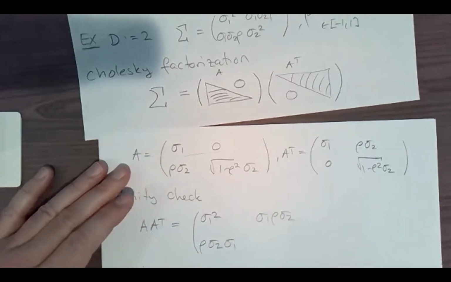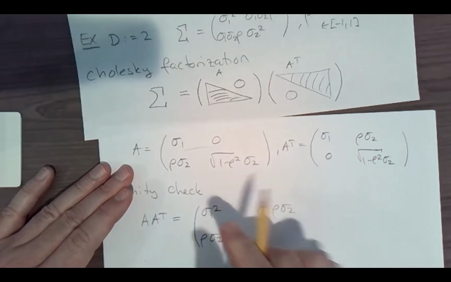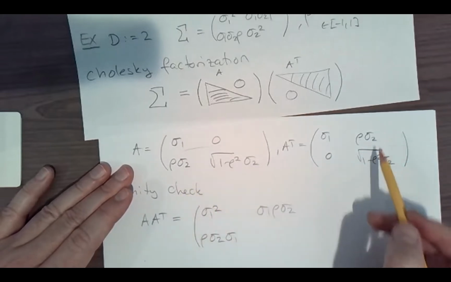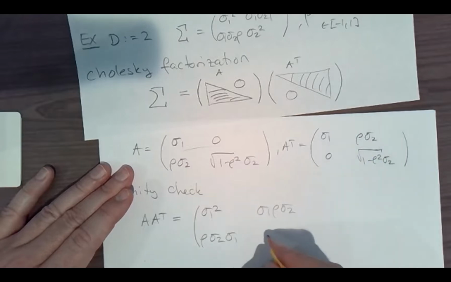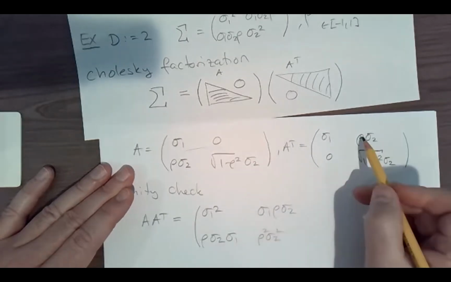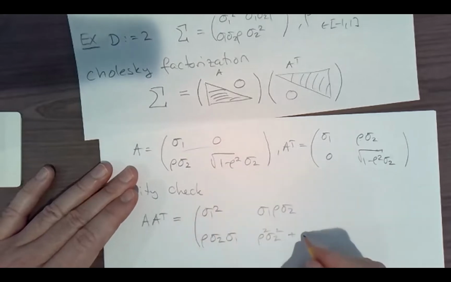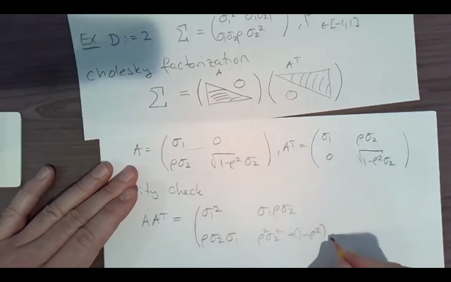And then finally, to get this point down here, I take the bottom row and the second column and multiply them together. So what do I get? It'll be rho sigma 2 times rho sigma 2, plus the square root of 1 minus rho squared times sigma 2, squared.